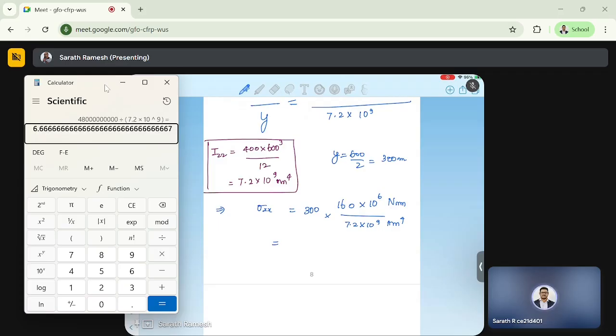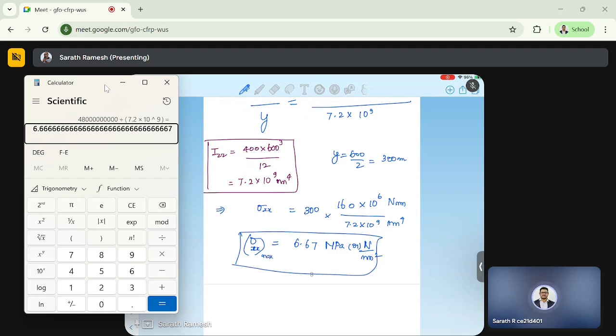We are getting 6.67 megapascal or Newton per mm square. This is my maximum bending normal stress.